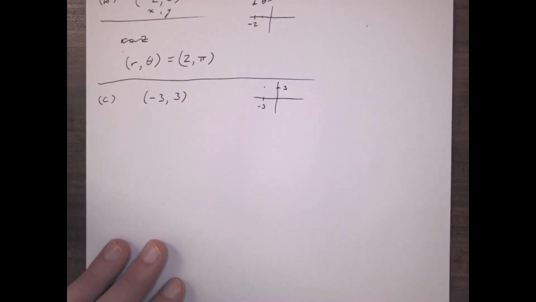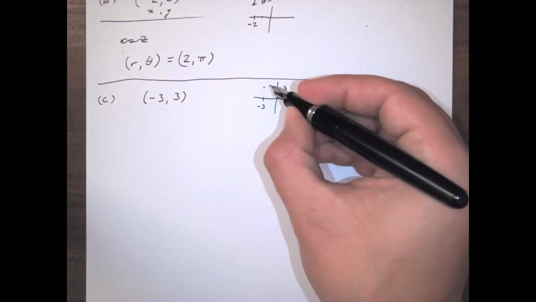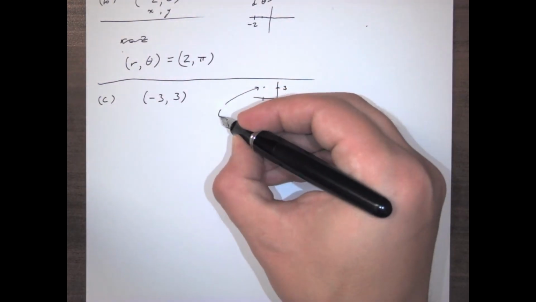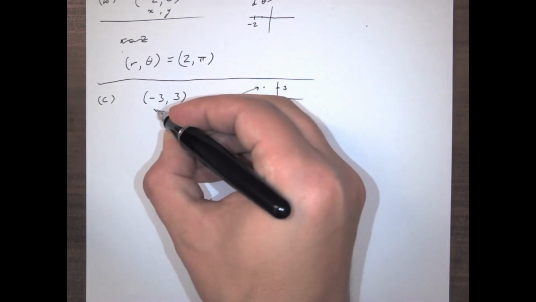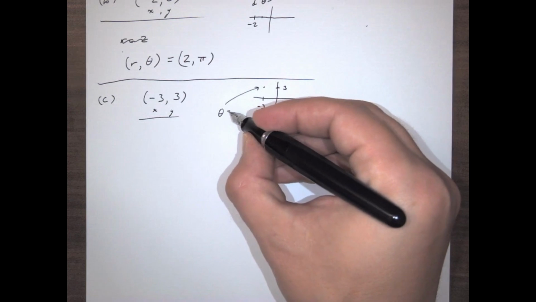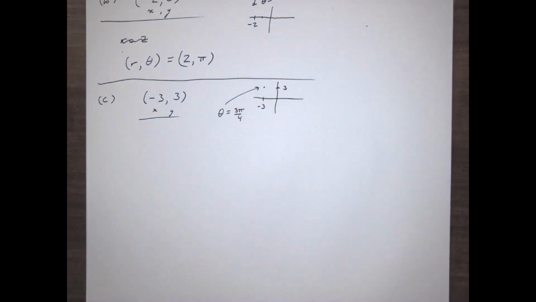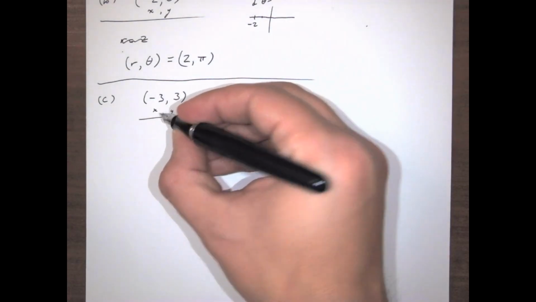We can see that we're in quadrant 2 here, and since the x and the y coordinates are the same, this is one of the 45-degree angle ones. So again, these are the x and the y coordinates being given to us. We can tell that the theta here is going to be 3 pi over 4. Like that, we can just tell with the naked eye. We didn't need any formula or anything like that.